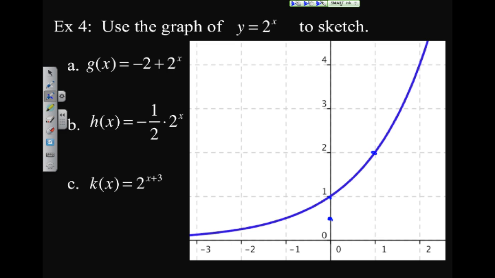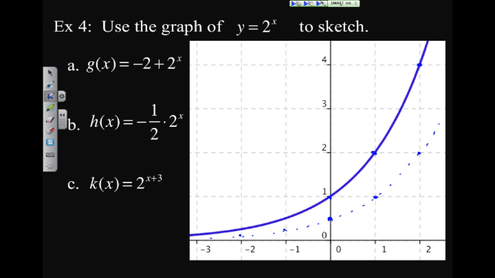Instead of this point being 2 units away from the x-axis, it's going to be 1 unit away. Instead of this one being 4 units away, it will now be 2 units away. So every one of these points is half as far. You're going to get this sort of a shape that goes up like that. It is going to increase more gradually because everything is only half as far from the x-axis.